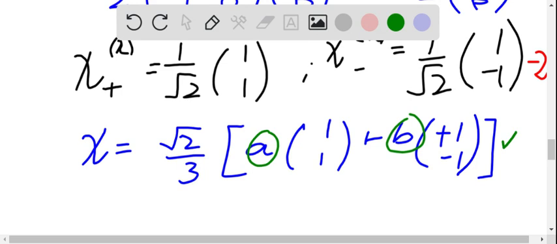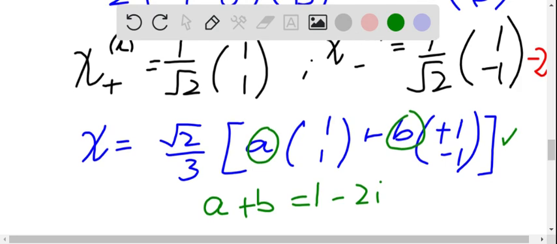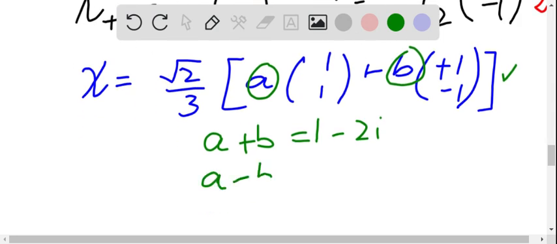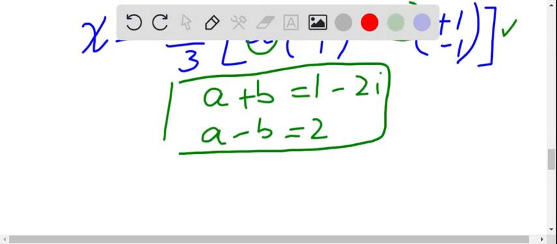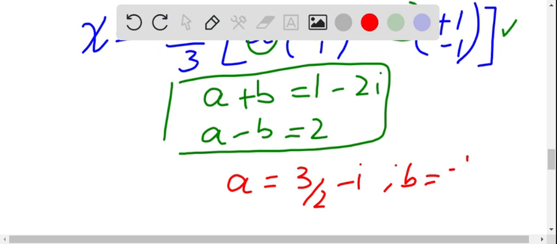So you would have a plus b is equal to 1 minus 2i, and the other would be a minus b is equal to 2. Now we have these two equations, so we would solve them simultaneously to find the values of a and b. The value of a would be 3/2 minus i, and the value of b would be negative 1/2 minus i, right?